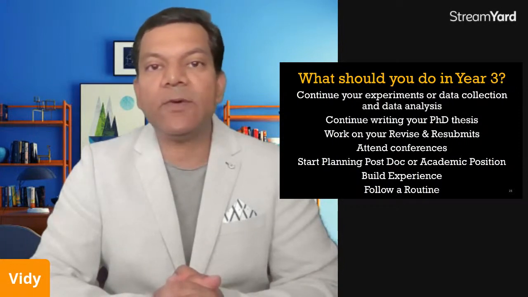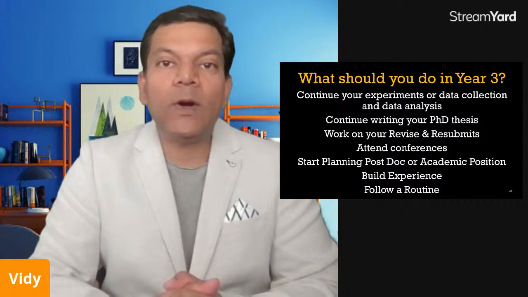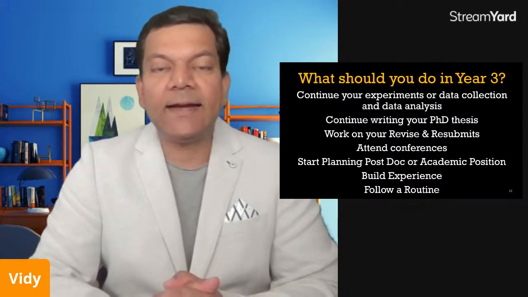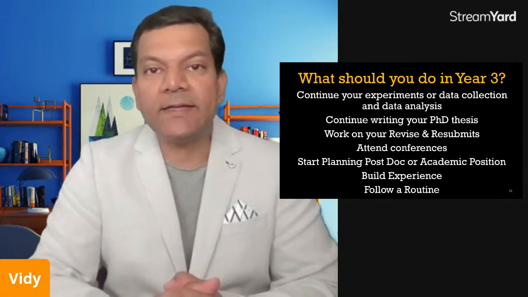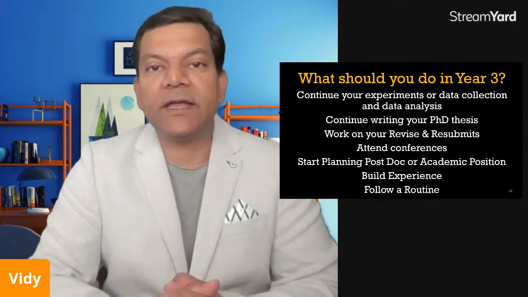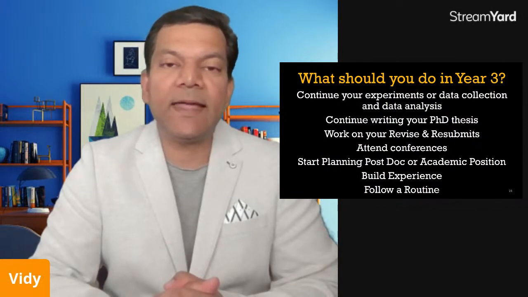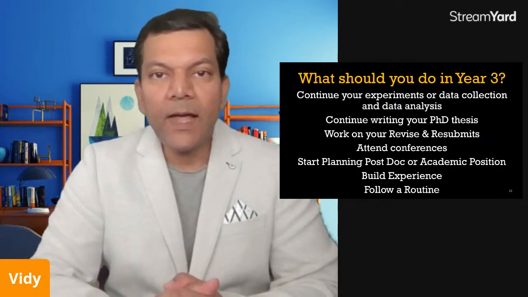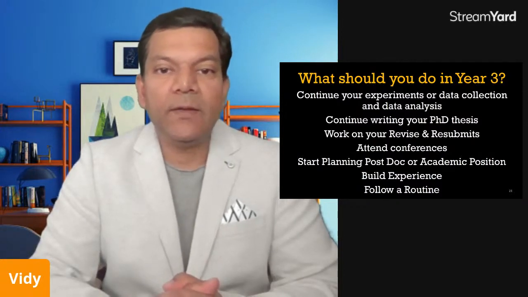And there are some things that you can write during these years. So don't imagine that the thesis writing task only has to be done in the last year. It's not the case. You can start structuring your thesis chapters, and any content that you think is relevant can be added. But for year 3, that is one of the major tasks that you would do.